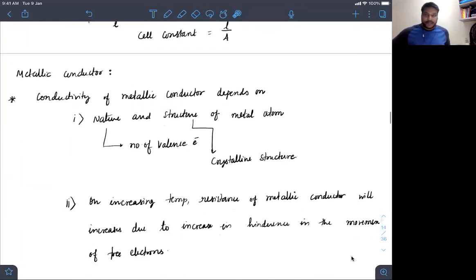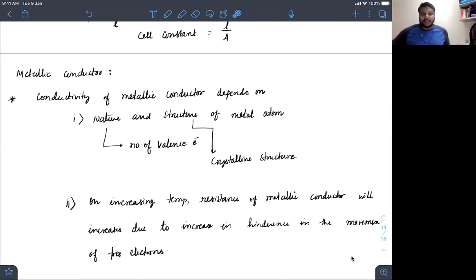Okay. Now, what is the main difference between a metallic conductor and an electrolytic conductor? In metallic conductor, conductivity of a metal depends upon first nature and structure of the material, and nature in a sense how many valence electrons it has. Got it?